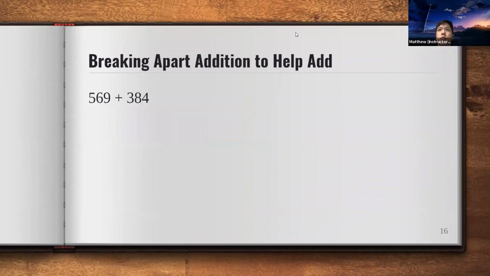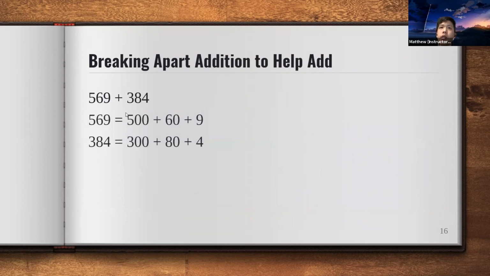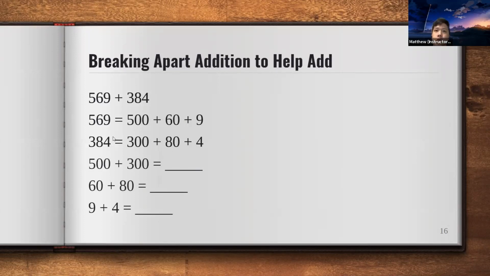So we also can try breaking apart addition to help add. So like this, 569 and 384. 569 is equal to 500 plus 60 plus 9. 384 is equal to 300 plus 80 plus 4. So what's 500 plus 300? 60 plus 80, 9 plus 4. These should not be hard to add because these are all single digits with zeros as placeholders.